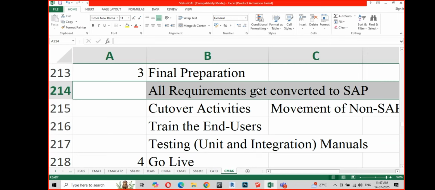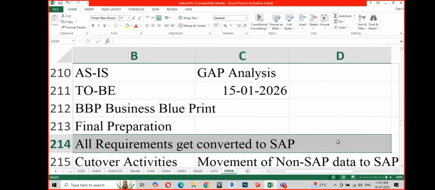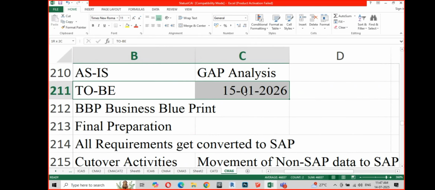Maybe say I also put a date, maybe the 15th of January 2026. So I have assumed that I will be taking this much time to deliver SAP. By the 15th of January 2026, I would be in a position to deliver the SAP product to the implementing company.